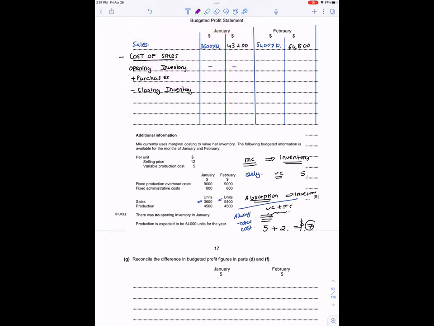Is there any opening inventory over here in January? No. Purchases or production? What is the production? 4,500 into 7.